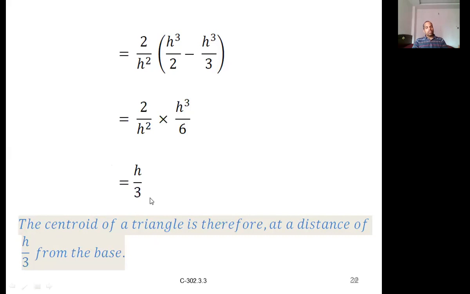Like that, from first principles, you take a small elemental strip, calculate the moment of area, use the formula and calculate the centroidal distance. This works for any figure, regular or irregular: rectangle, square, triangle, and so many others.